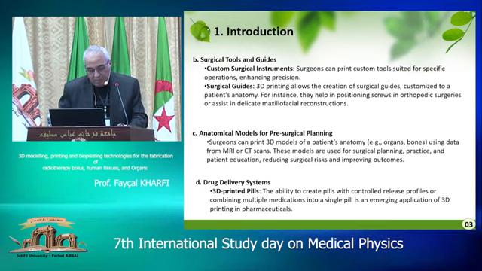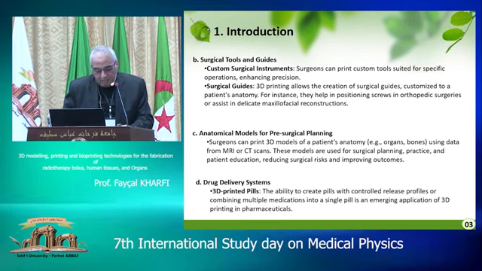Here, surgeons can print 3D models of a patient's anatomy, organs or bones, using data taken from MRI or CT scans. These models are used for surgical planning, practice, and also to train newly qualified surgeons.